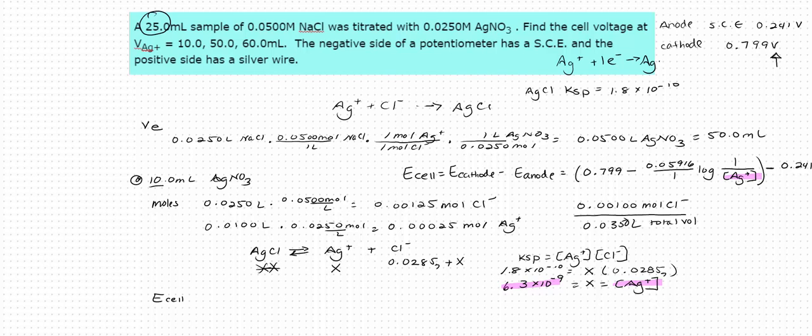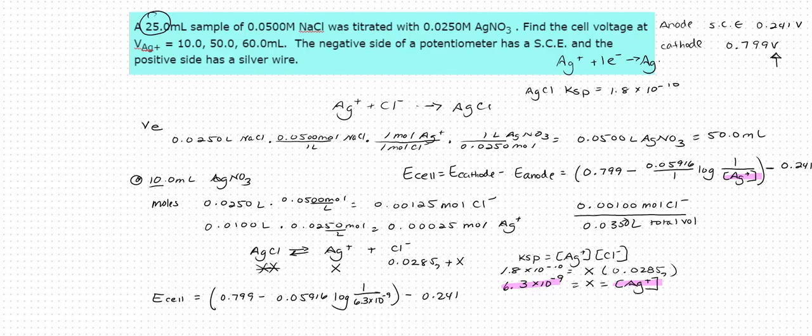My E cell equation is going to be 0.799 minus 0.05916 times the log of the reciprocal of the silver concentration, minus the saturated calomel electrode, 0.241. And I get an E of the cell at 10 milliliters.